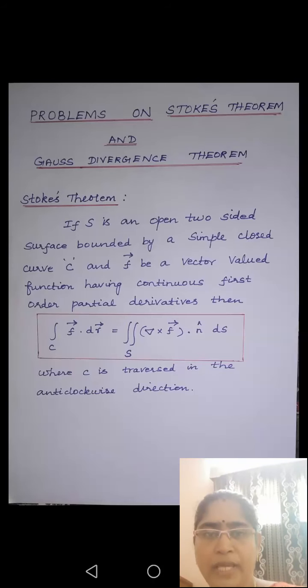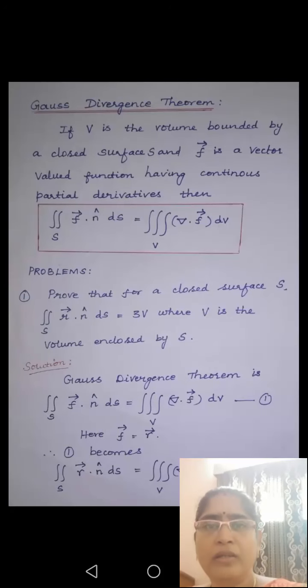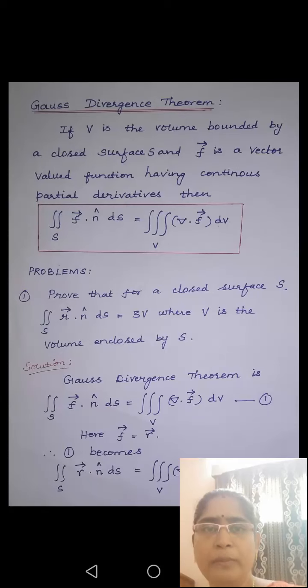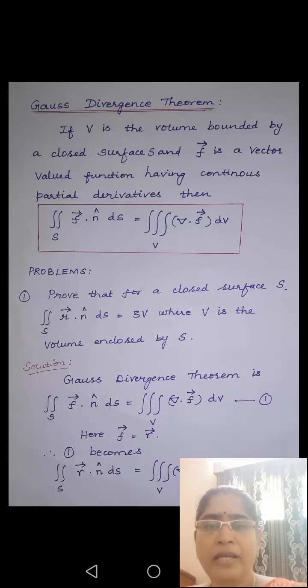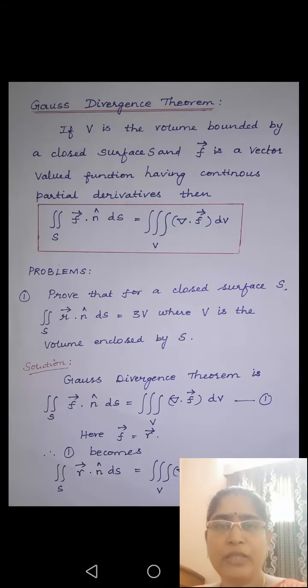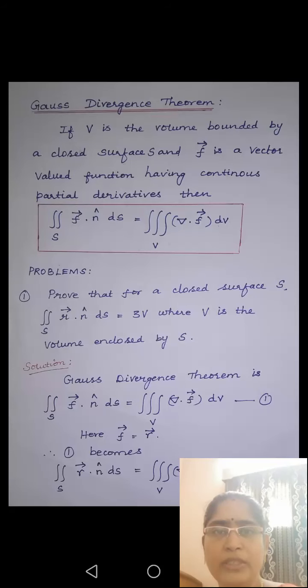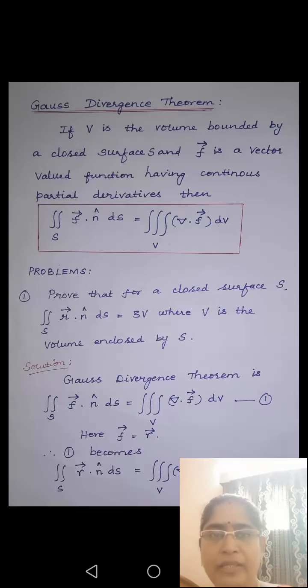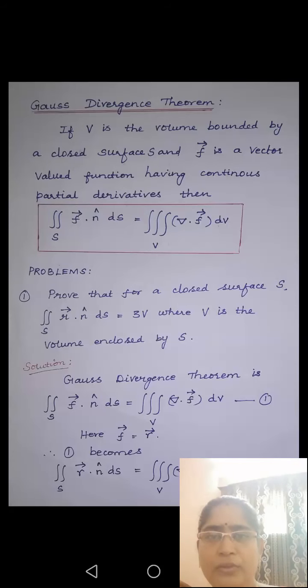This is Stokes theorem. Now next, Gauss divergence theorem. If V is the volume bounded by a closed surface S and f vector be a vector valued function having continuous partial derivatives, then double integral over S f vector dot n cap into ds is equal to triple integral over V del dot f vector into dv.